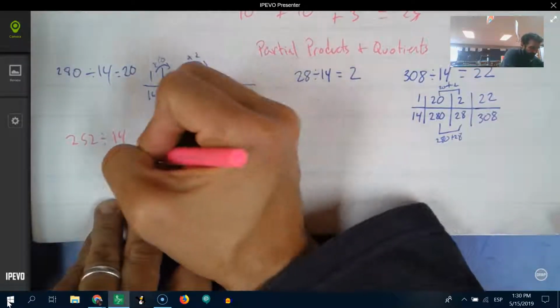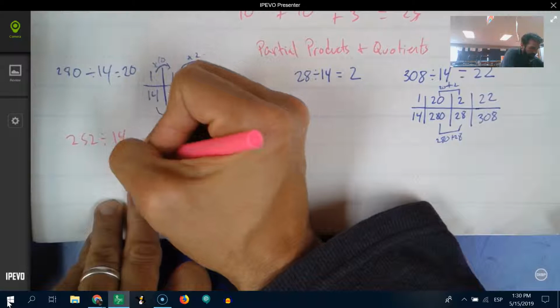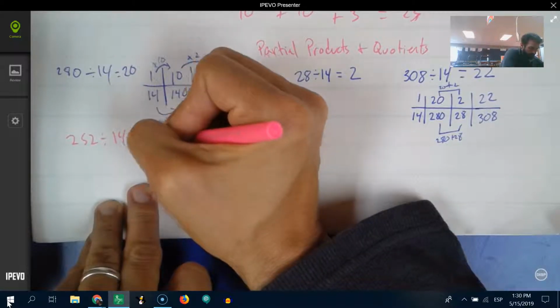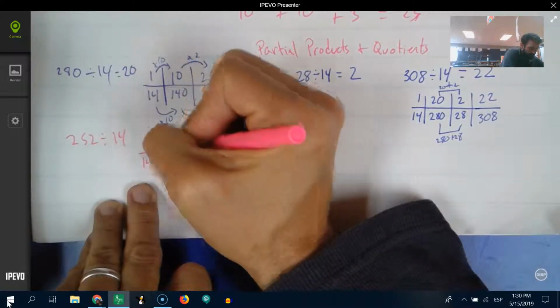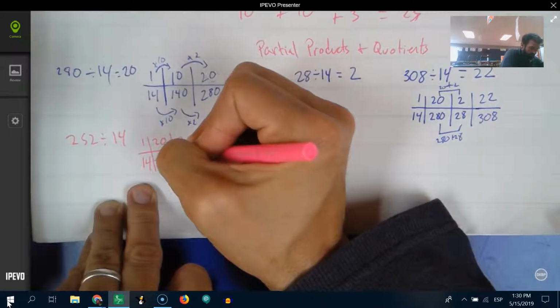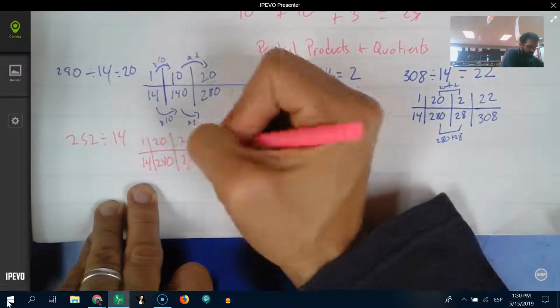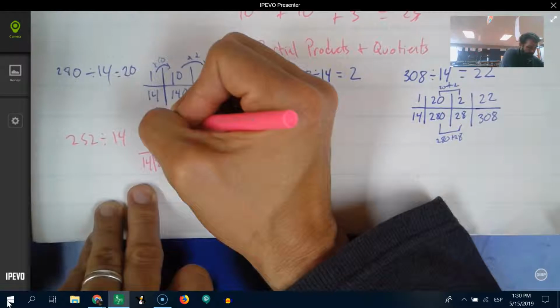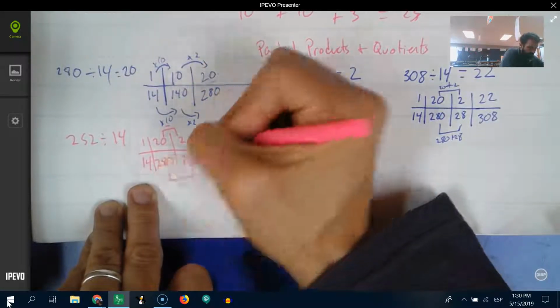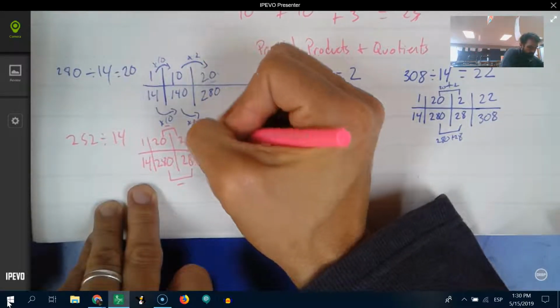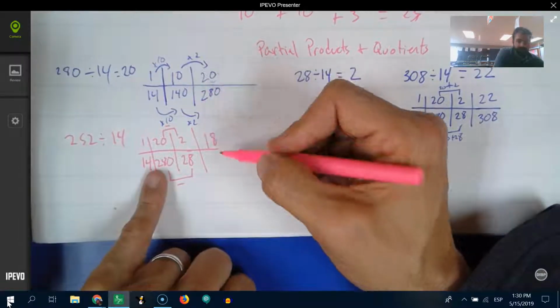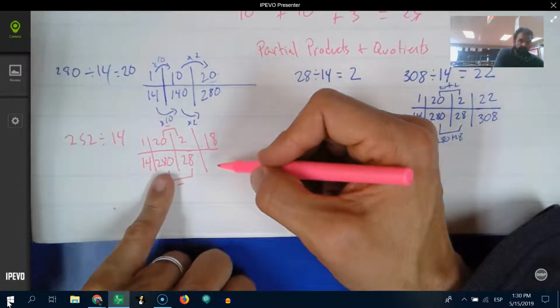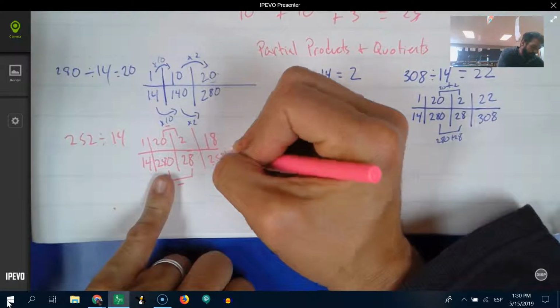So again, if we use that same general information as we had before, we can subtract these two, and that'll tell us that 18 groups of 14 is equal to 252.